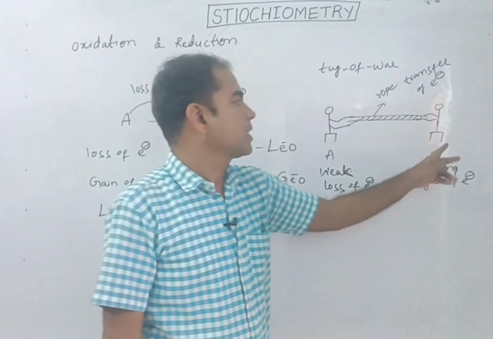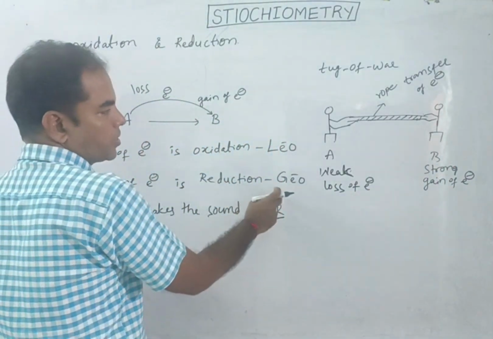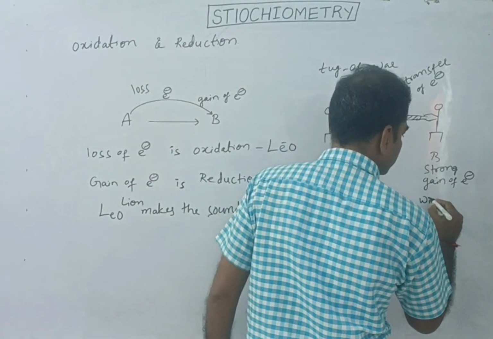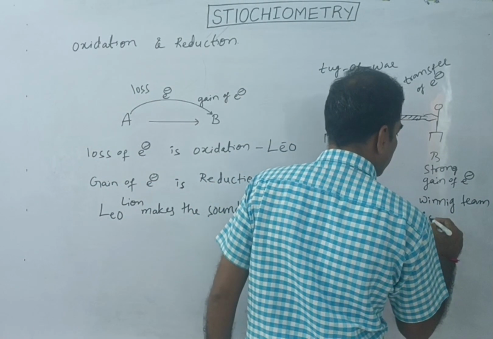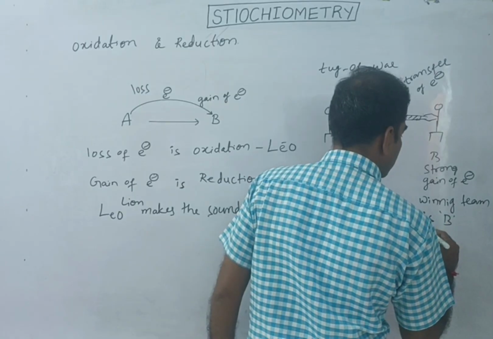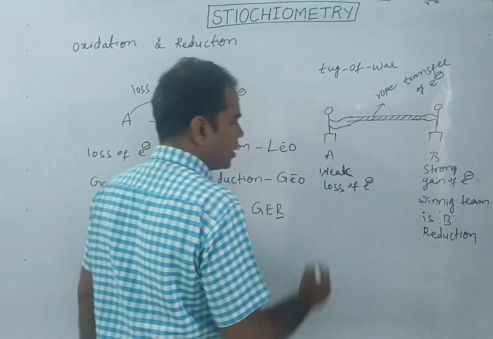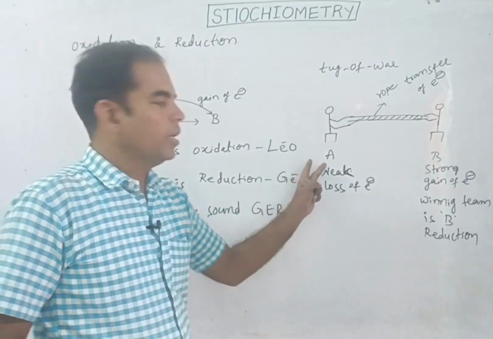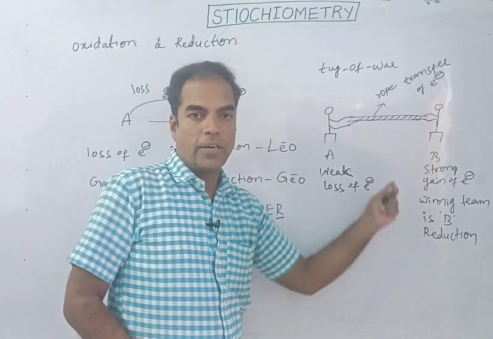That means reduction. Gain of electron is reduction. The winning team B is a reduction reaction. Here A, the weak team, is loss of electron. Here B is gain of electron.